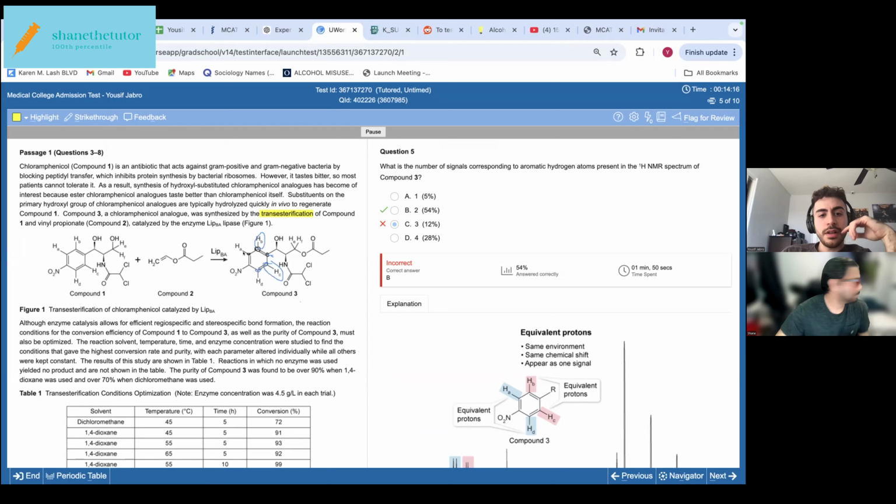Now, the HA and the HD, the reason that these are the same is because if you consider it, I'll use green, like this carbon, what's next to it is a carbon bound to an H, and then what's next to it is also a carbon bound to an NO2, right? And then same thing here, I'll use orange.